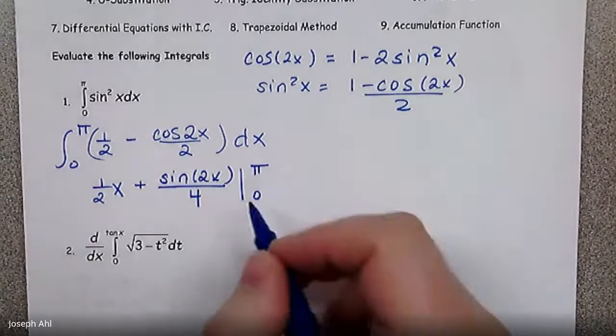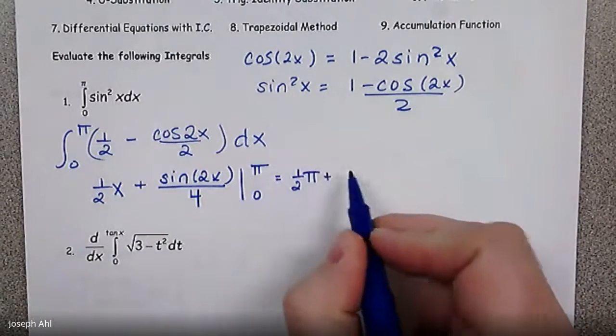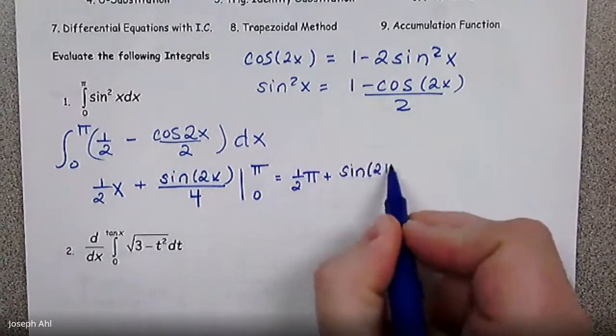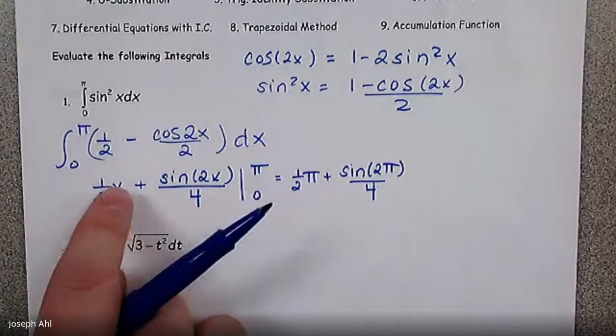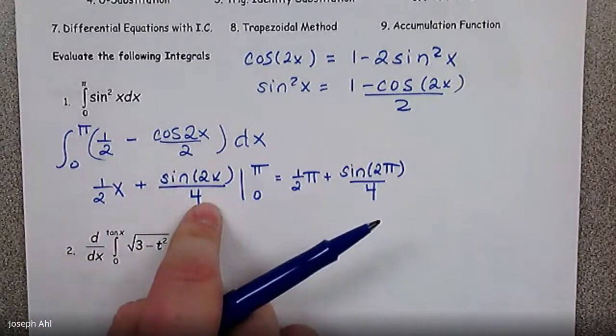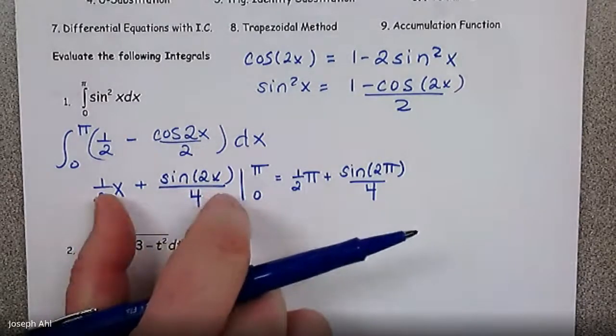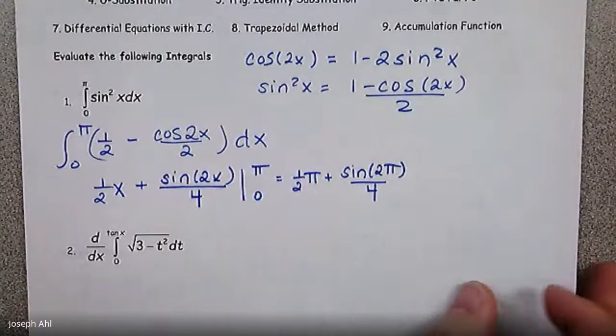So when I plug in the upper bound of pi, we get 1/2 of pi plus sine of 2 pi over 4. And then from that, when I plug in 0 for x, I know this becomes 0. This would be sine of 0 over 4, which is also 0. So plugging in 0 for these expressions winds up yielding 0, so I don't really have to subtract that at the end.